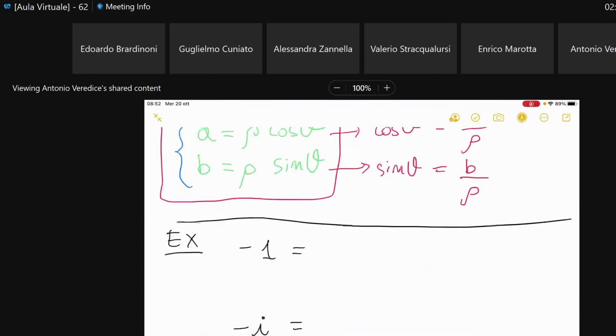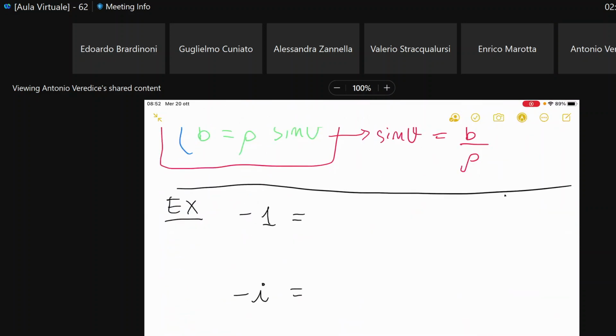I think it can be useful to represent it on the Cartesian plane, the Gauss plane, with the imaginary and the real part. -1 is this one. So what about rho? Rho is 1, the length of the vector, while theta is the angle, this one.